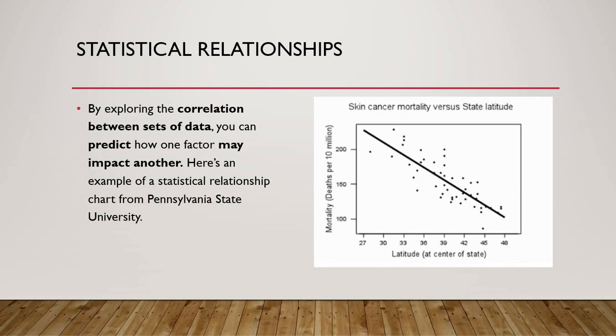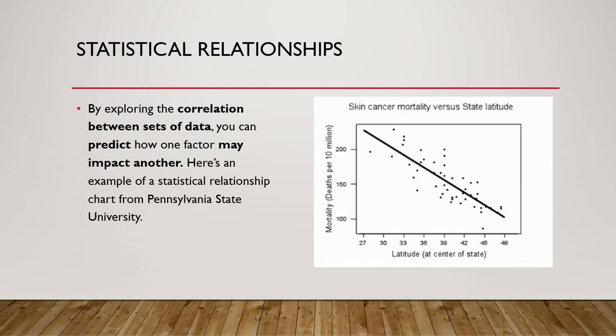Kemudian statistical relationship. By exploring the correlation between set of data, you may predict how one factor may impact another. Ataupun you nak tengok relationship antara dua faktor, dua data set tu kan. Okay, you nak predict kalau A ni naik, apa impact dia pada B. So here's an example of statistical relationship chart from Pennsylvania State University.